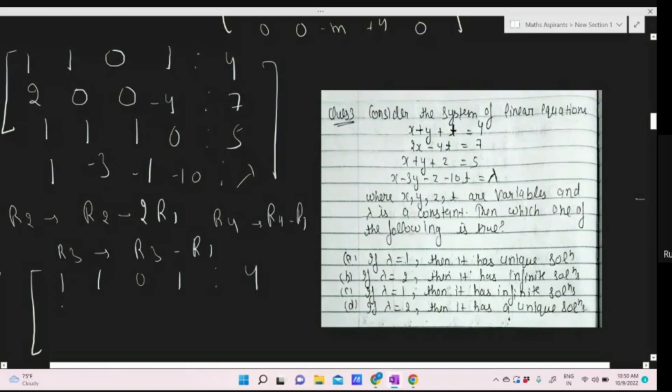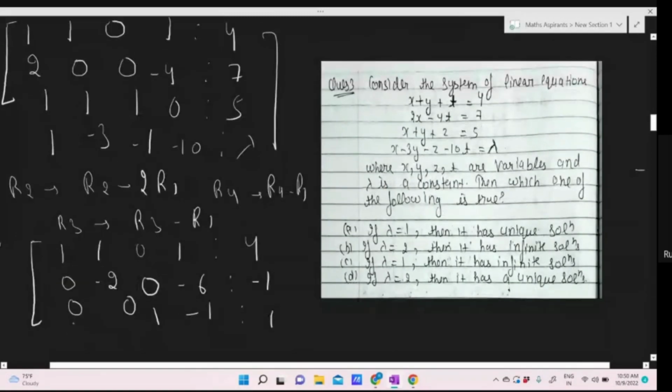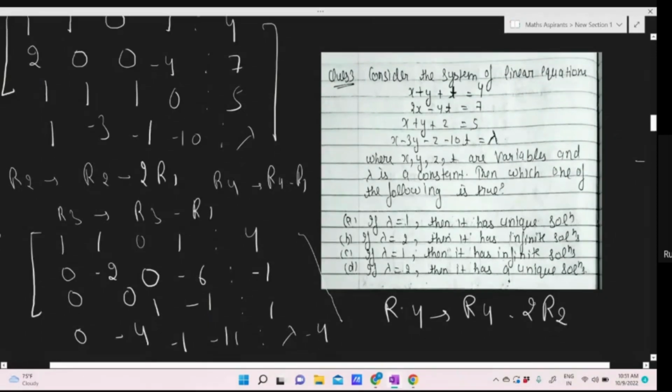Here we will get 0, minus 2, 0, minus 6, minus 1, 0, 0, 1, minus 1, 0, minus 4, minus 1, and minus 11, lambda minus 4. Now we will apply R4 to R4 minus 2 times R2.